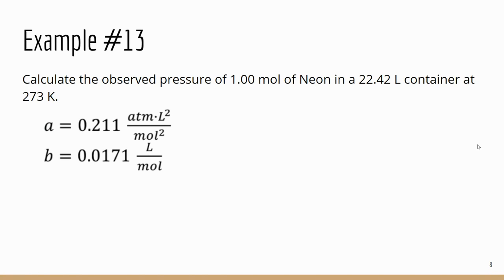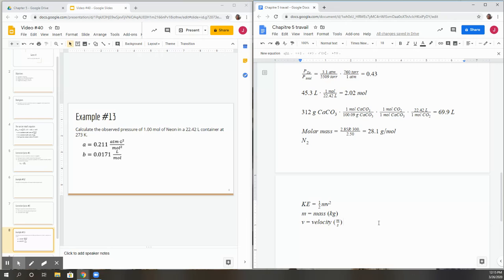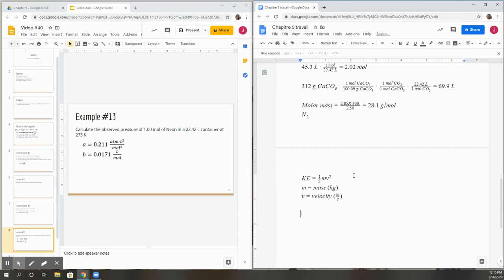Pause here. I don't typically assign these on tests, but I wanted to work through one of these with you so that you can see what this would look like. The first thing I'm going to do is take the van der Waals equation and rearrange it for P observed.